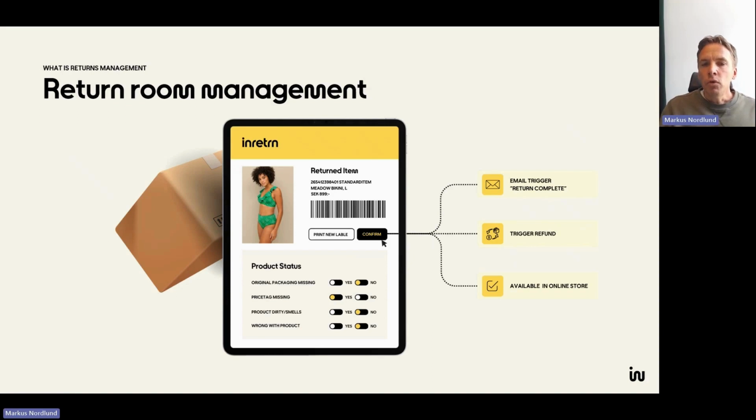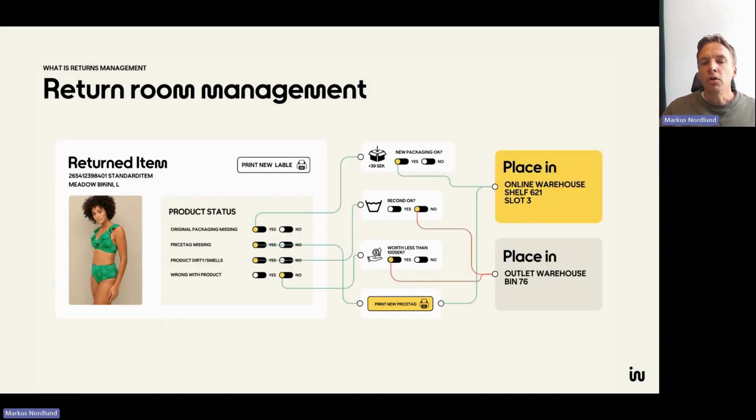But there's more to it within this return room management tool. You can also work to fetch different kinds of data when it comes to product conditions, for example. And this is just one flow to try to visualize what is possible, to give you an overview of what you can do.